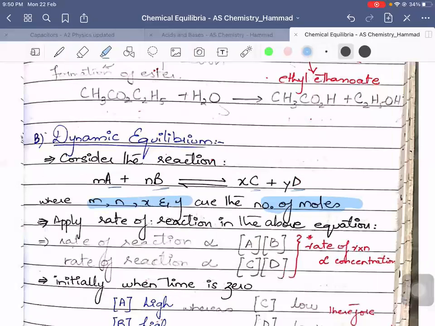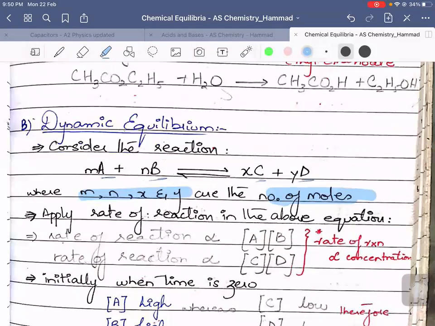If you were to calculate the rate of the forward reaction, you would increase the concentration of the reactants so that they convert and move into the product side, right? So the rate of the reaction is directly proportional to the concentration of the reactants. And the rate of the backward reaction would simply be proportional to the concentration of the products, such that, right?